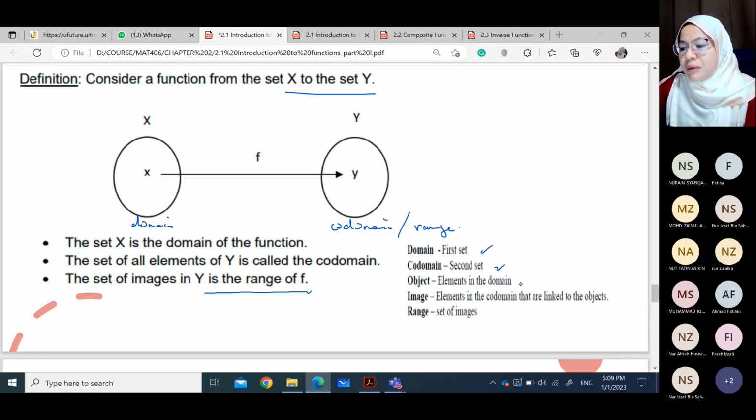The objects are the elements in the domain, so X is the object of set X.